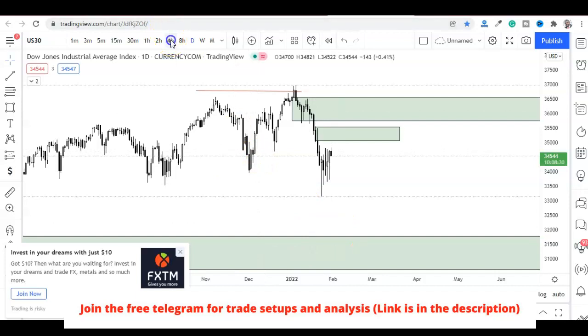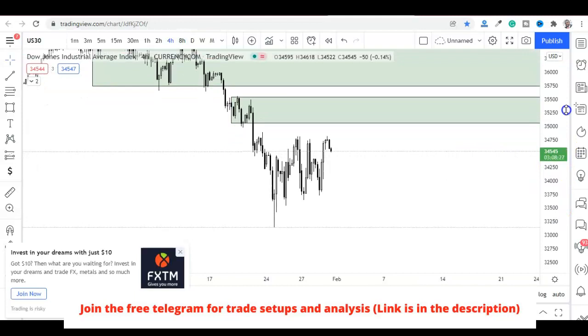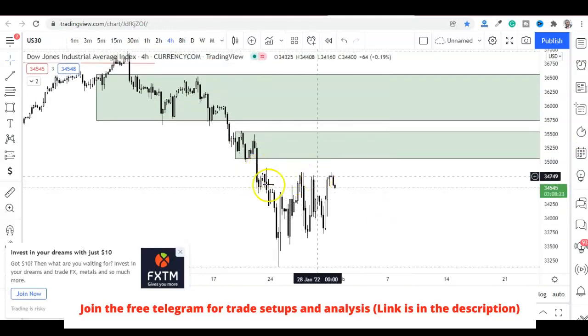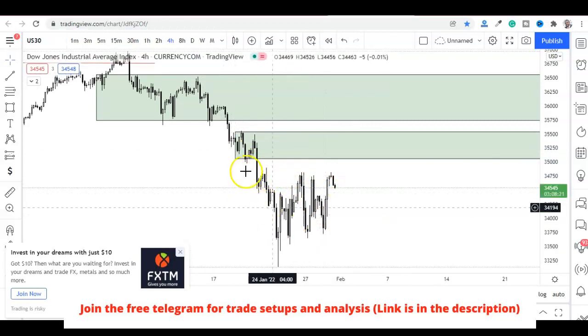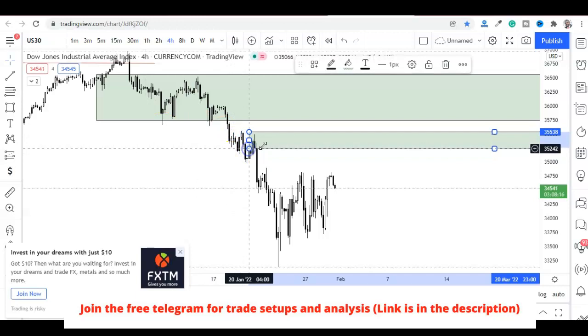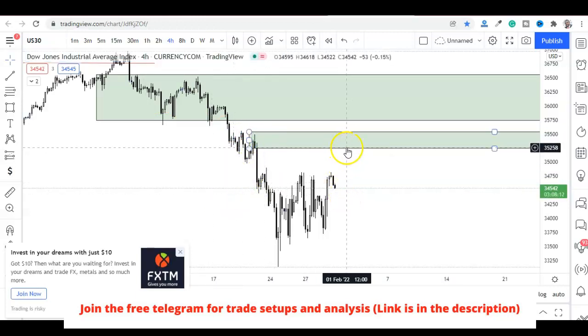And then the 4 hour. In the 4 hour, we can see currently here price is engineering liquidity here. It looks so messy to trade, but as I said, I can refine that zone here. This is a good zone where price should be expected to trade into, sweeping all this liquidity.